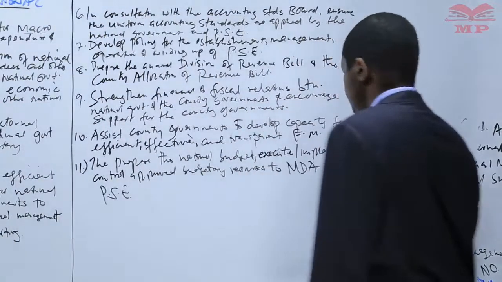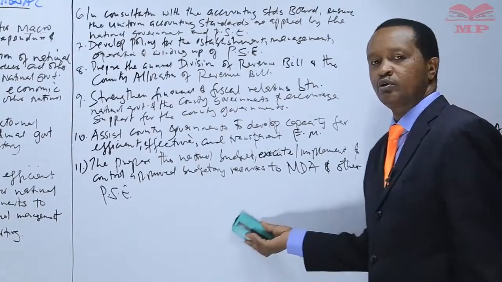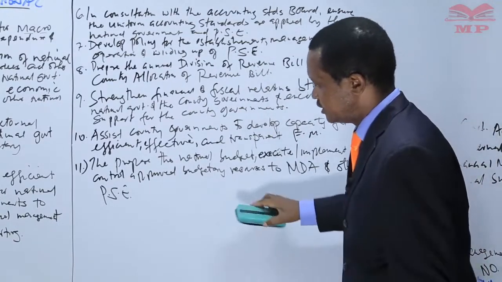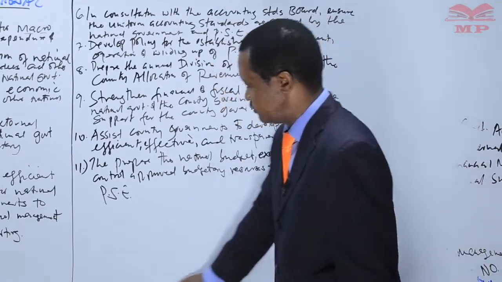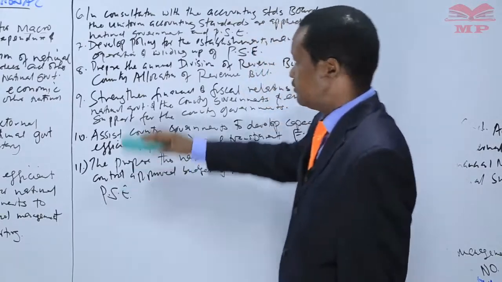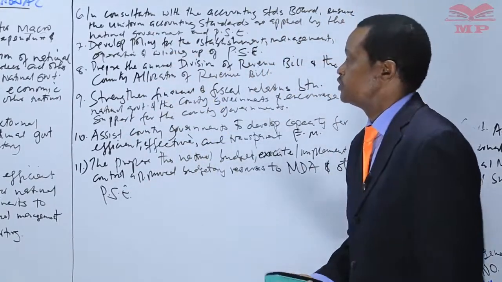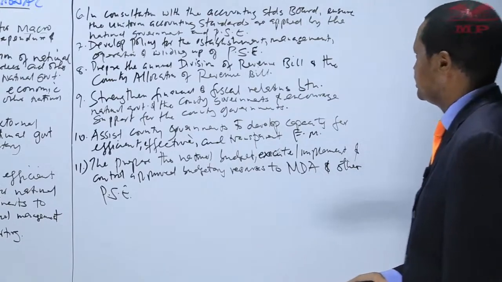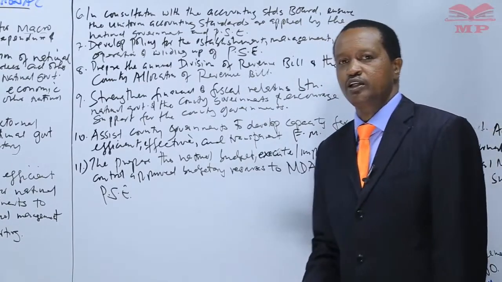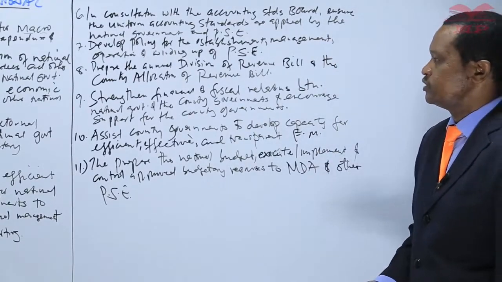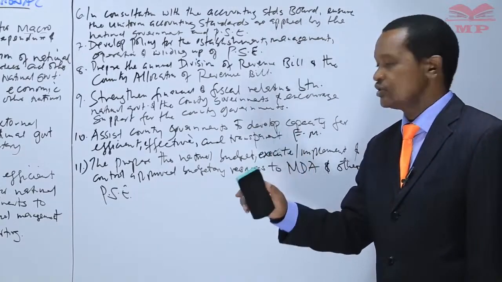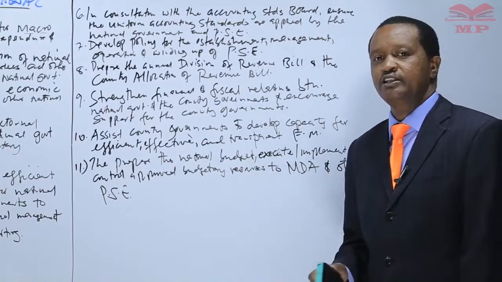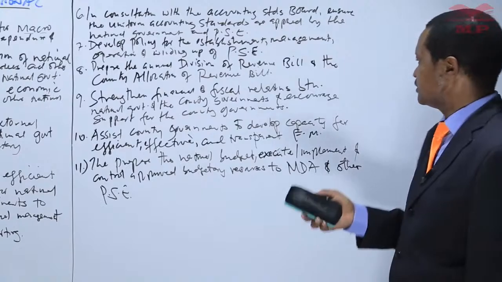So these are 11 functions of the National Treasury, which you are supposed to record in your mind. For those who are going to sit for the exam, make sure you have these functions in your memory. Then, peradventure, you are asked a question in relation to the role of the National Treasury in the devolved system of government.